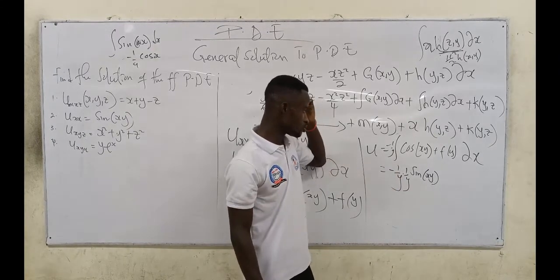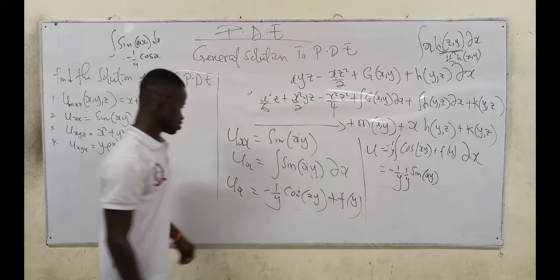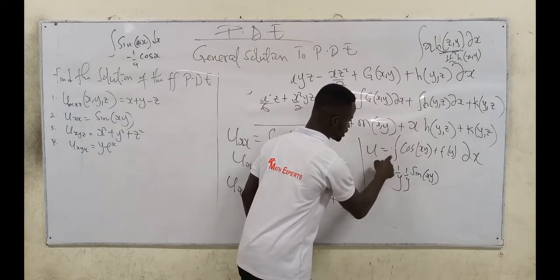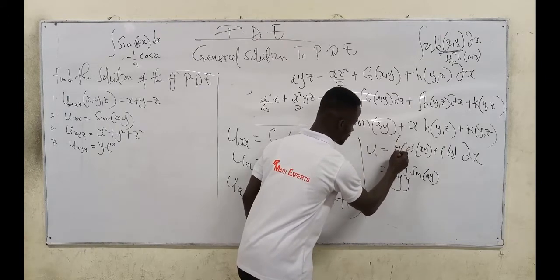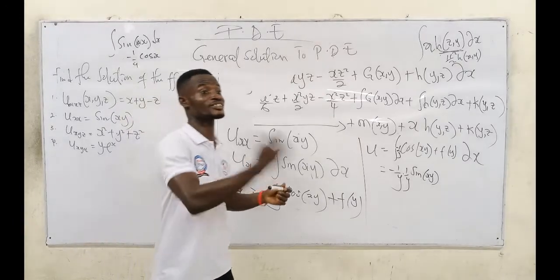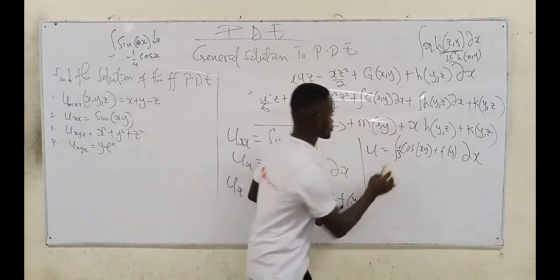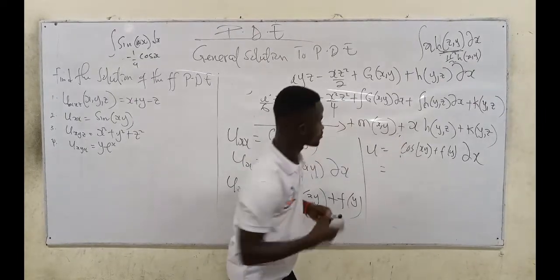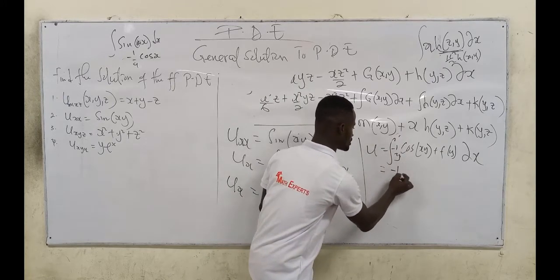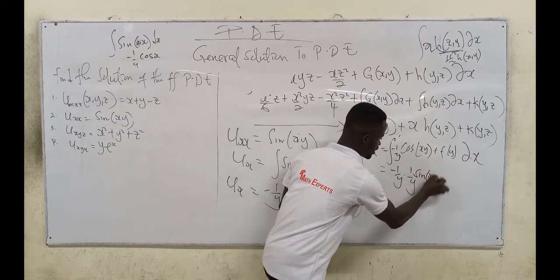But you don't have to forget that this is affecting the whole thing. Let's maintain this one and leave the integral of f(y), so that I can integrate term by term. Here, when you integrate this one, it comes out 1 over y, sin xy.